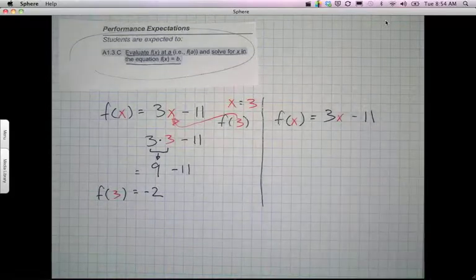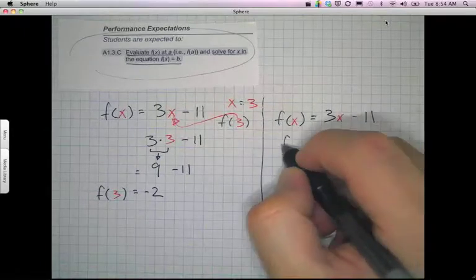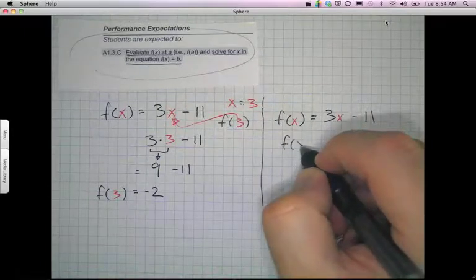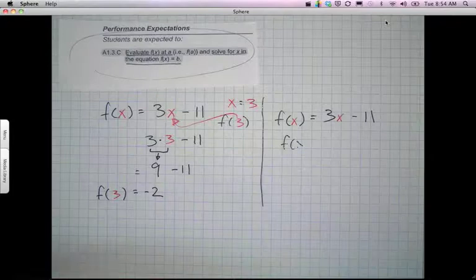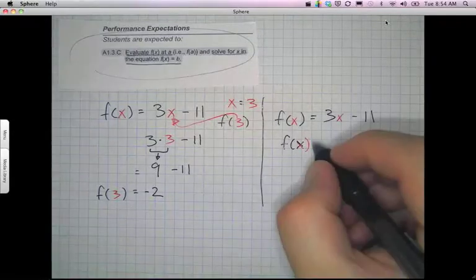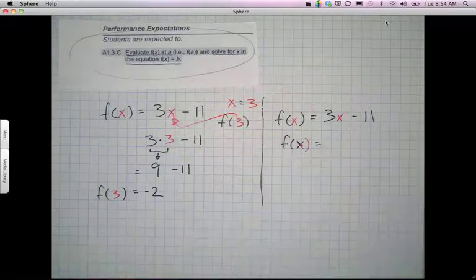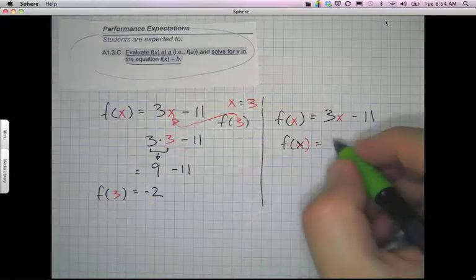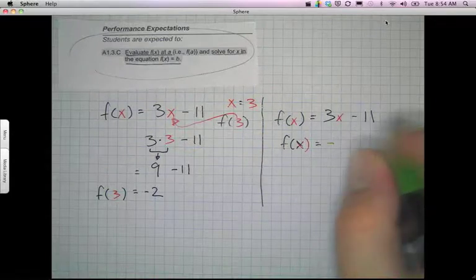So in this problem, if I asked you to solve for x, if I told you that f of x equals, let's say, negative 8.